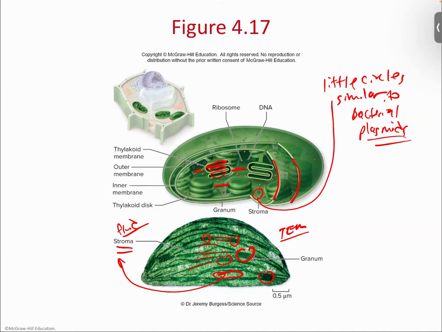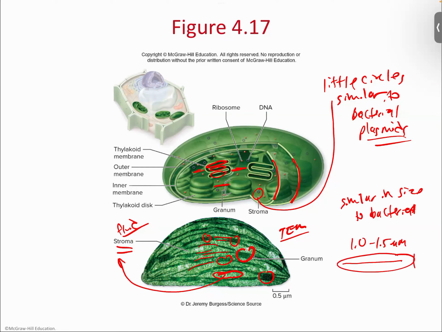So it is about the same size as a bacterium. For instance, a bacteria is roughly between 1 to 1.5 microns in length and about 0.5 micron in width.